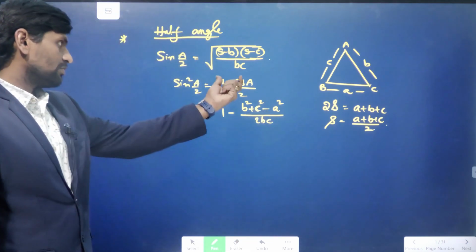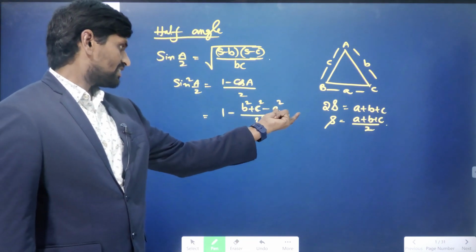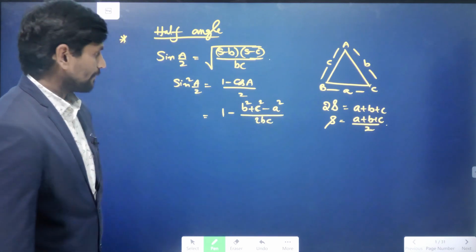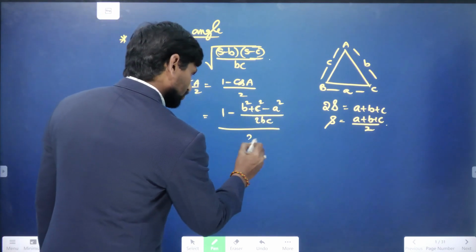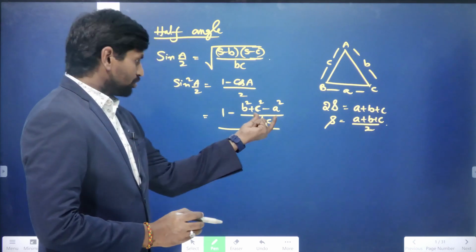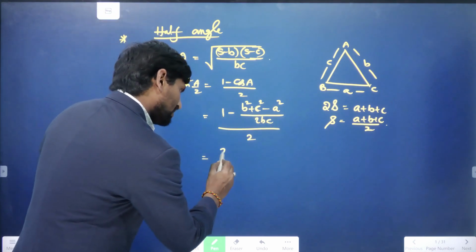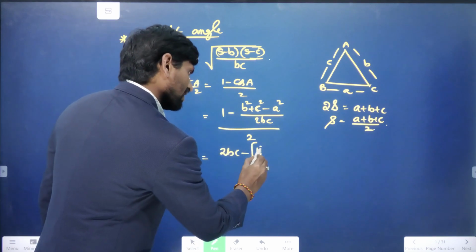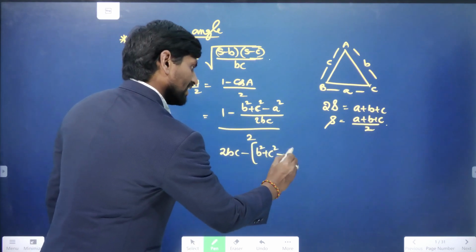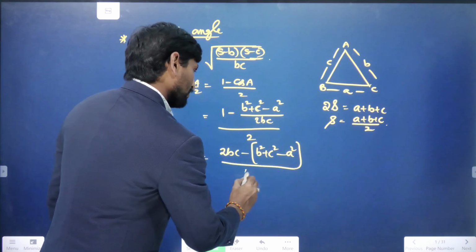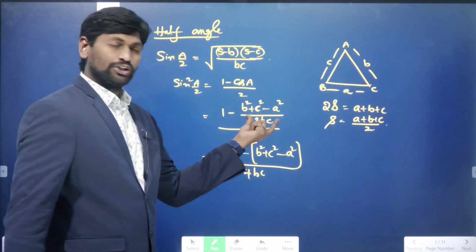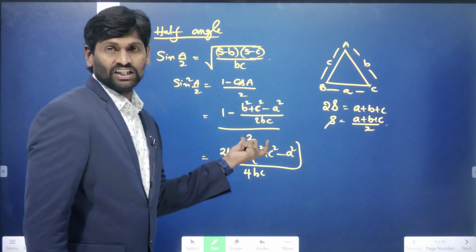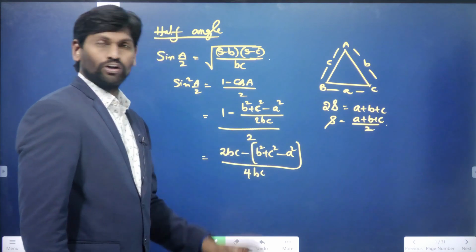So whole divided by 2, that is equal to 2bc minus (b square plus c square minus a square), divided by 4bc. Actually, we already have another denominator 2, so 2 into 2 is 4bc.